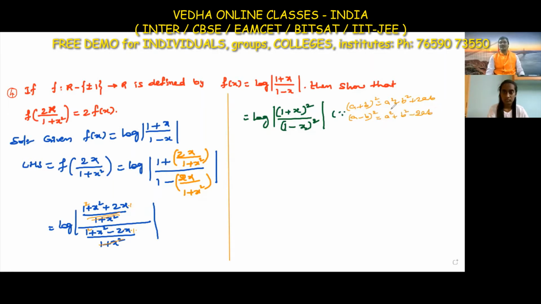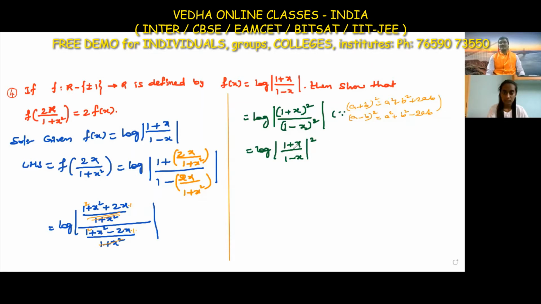So now this is equal to log mod of (1 plus x divided by 1 minus x) whole square. We take a common whole square for numerator and denominator.